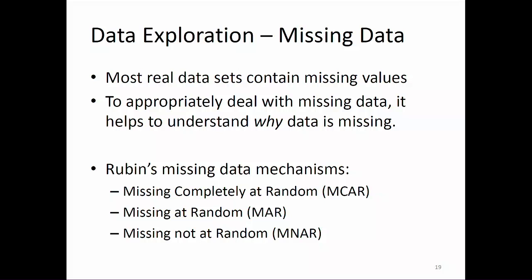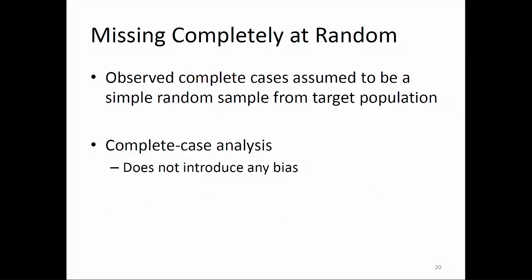Already you can hardly tell the difference between those two. And the third one is missing not at random. These are 3 very distinct ways in which a value in your data set may become missing. So make a personal exclamation mark or note: you will get confused about this. I guarantee it. So try and keep that in mind when we're going through this next little section.